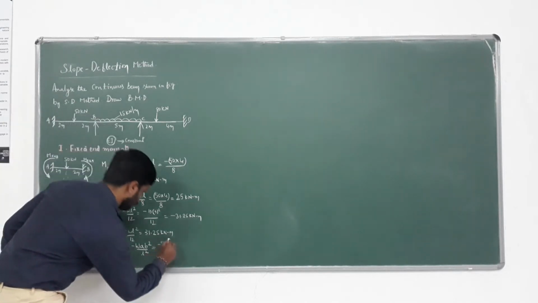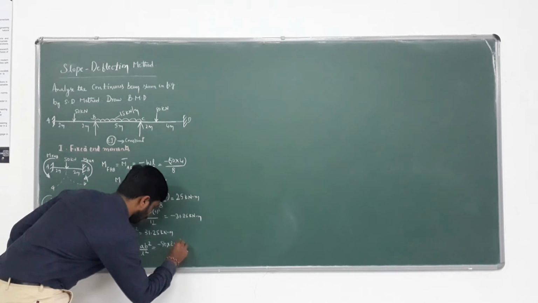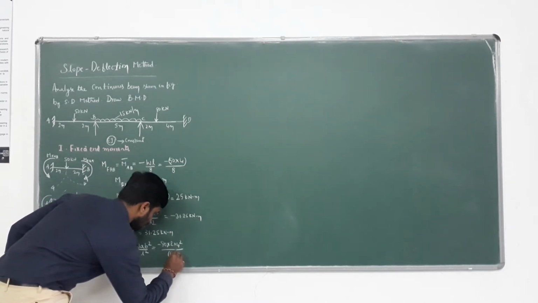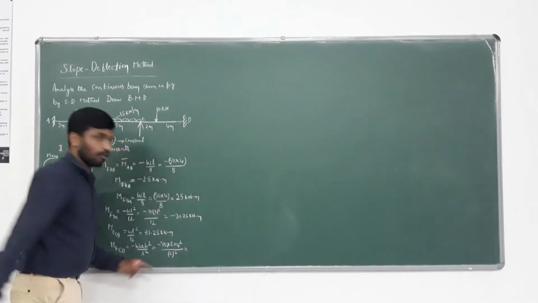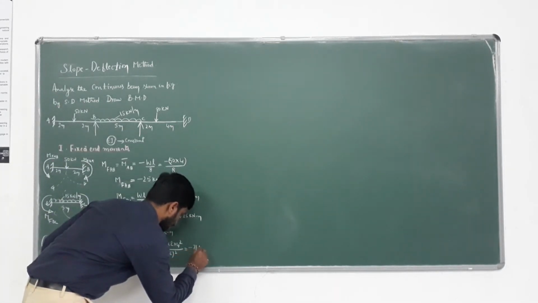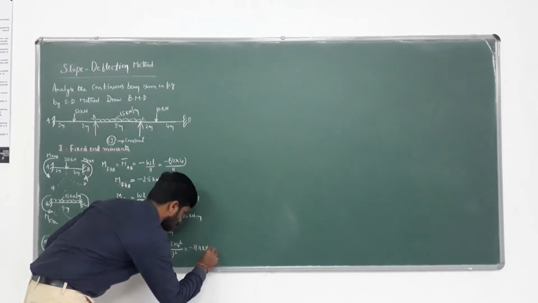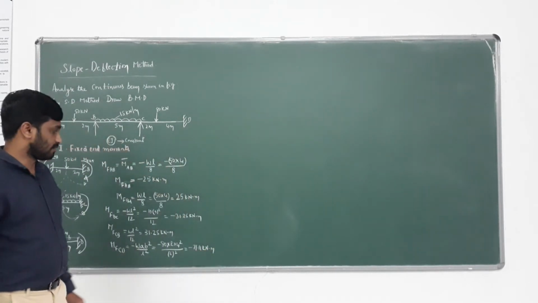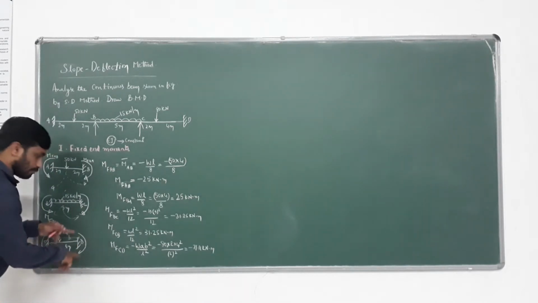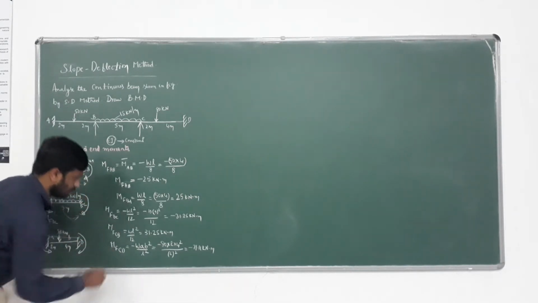So 80 into 2 into 4 square divided by L square, that is 6 square. How much? Minus 71.11 kilonewton meter. Next, we are taking MFDC.